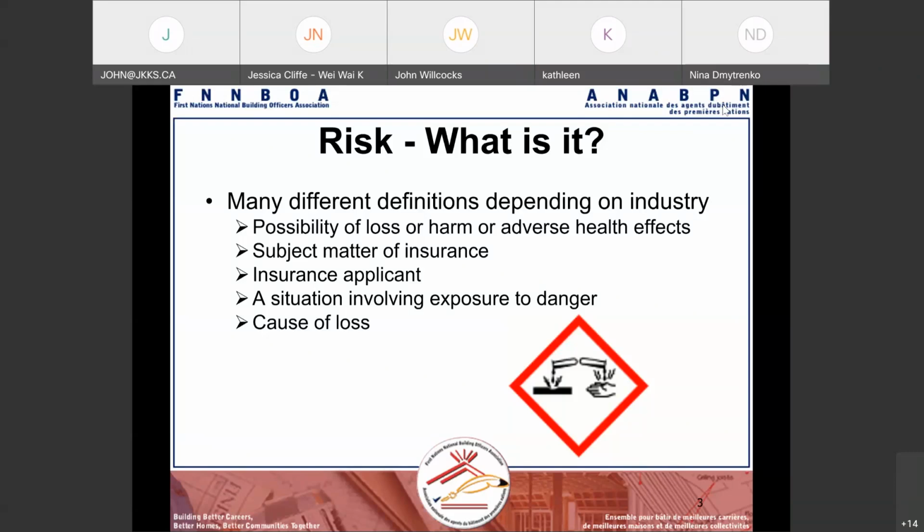So if you smoke, there's a high risk of cancer, and it gives you the likelihood that you would develop some type of sickness associated with cancer, or what the impact will be on the people around you. So risk, from a health side, talks about the adverse effects.